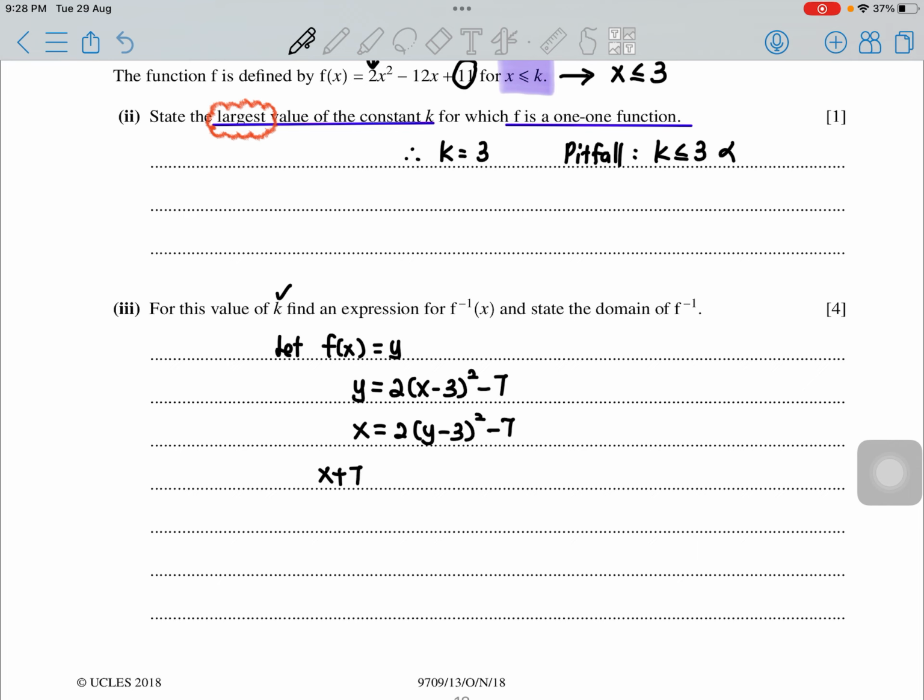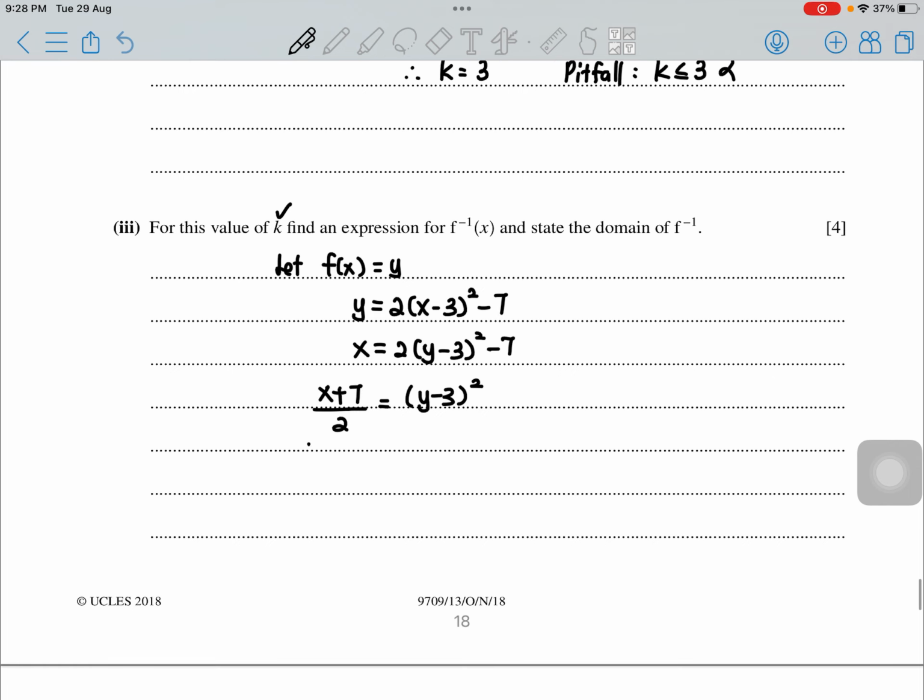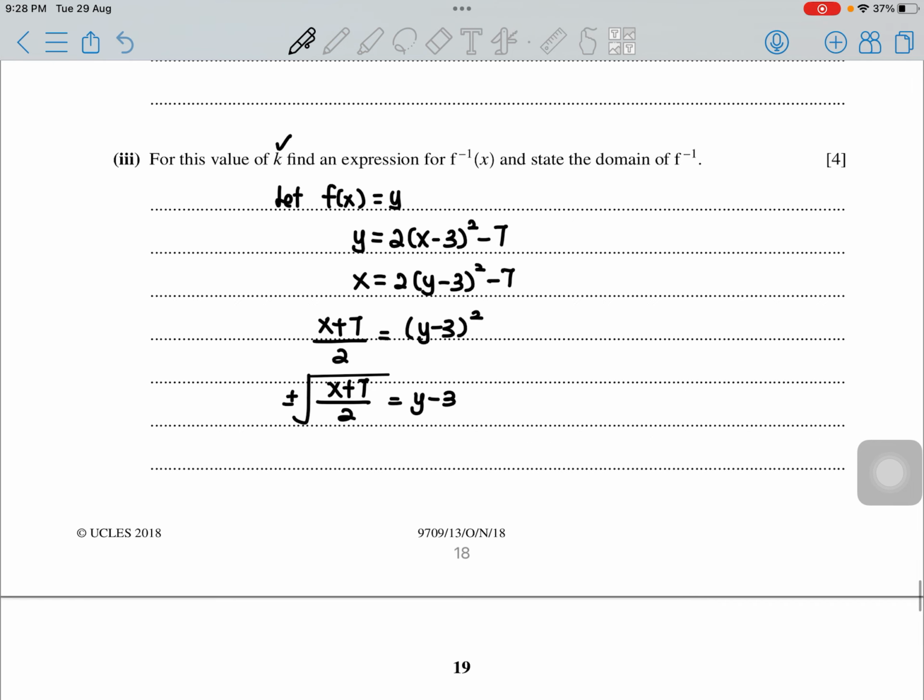A simple rearrangement will give you this.